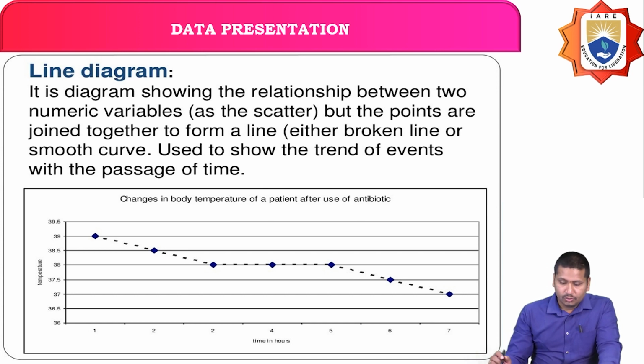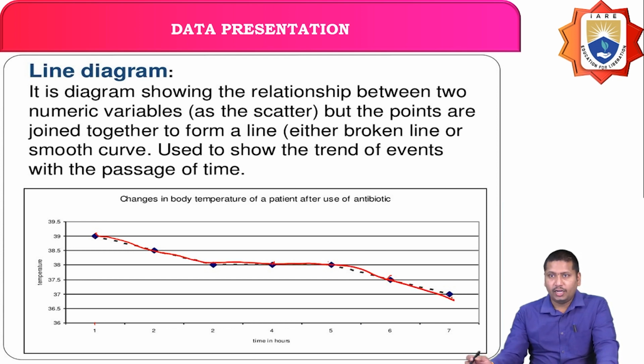For example, 1, 39, then 2, 2 and 4. Once the values are identified, I join them with a line, dotted line or smooth curve, and that is called the line diagram.